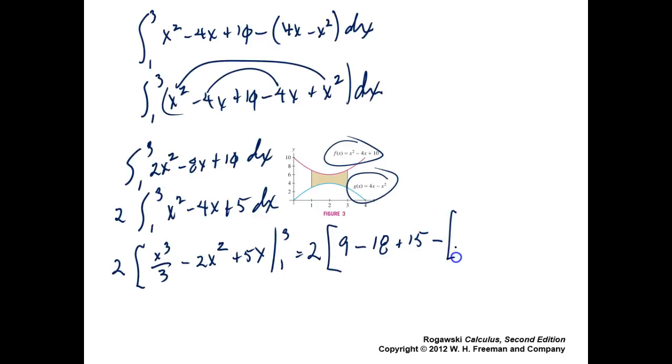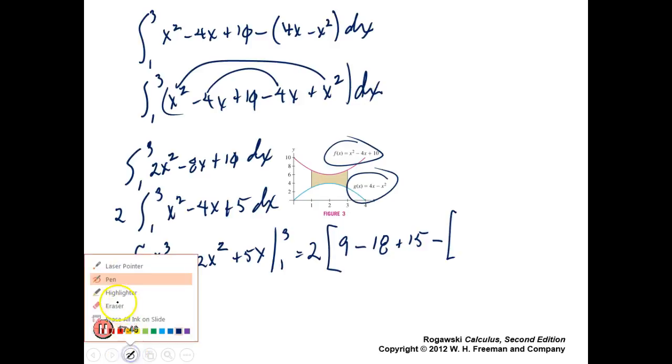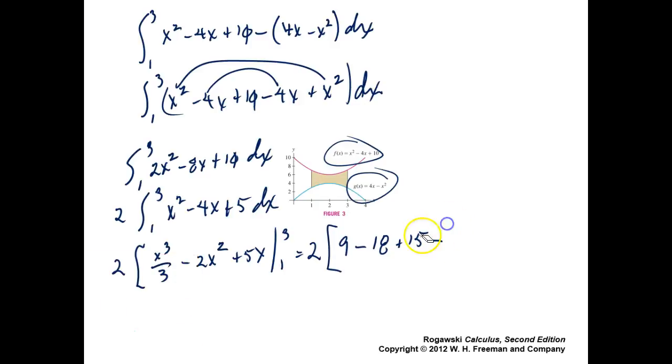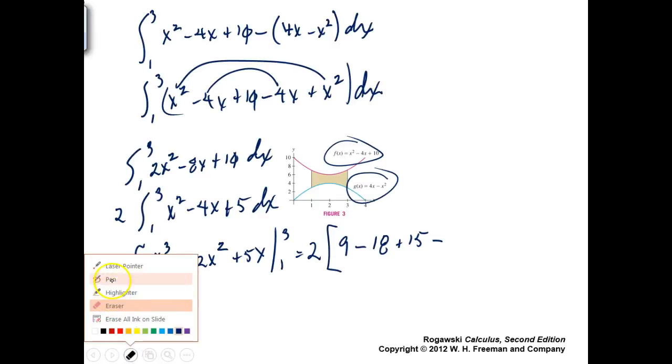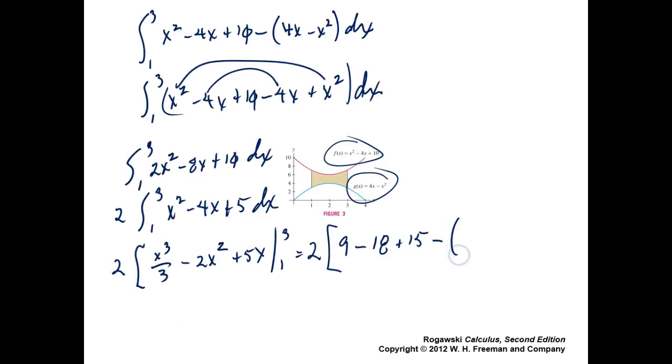Minus, now again, not a bad idea to do this in parentheses. Let me put a parenthesis rather than a bracket, because we already got a bracket in there. Okay, let's plug in the 1 there. What do you get? 1/3 minus 2 plus 5. Okay, in parentheses there.